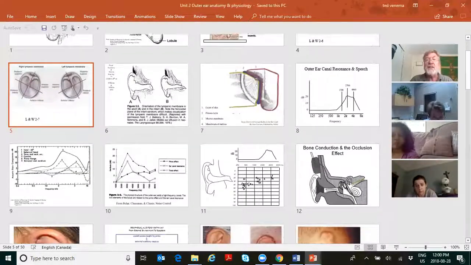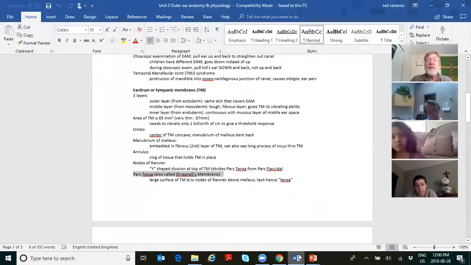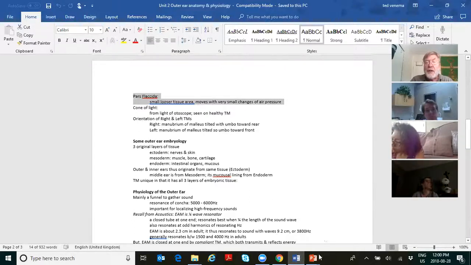No, that's okay. All right, we're reading: pars tensa, sometimes called Shrapnell's membrane. It's the large surface of your eardrum, okay? Hence, it's tight, taut. Hence it's called the pars tensa. Pars flaccida is a smaller, looser tissue area. Now think of, and that's the area here.